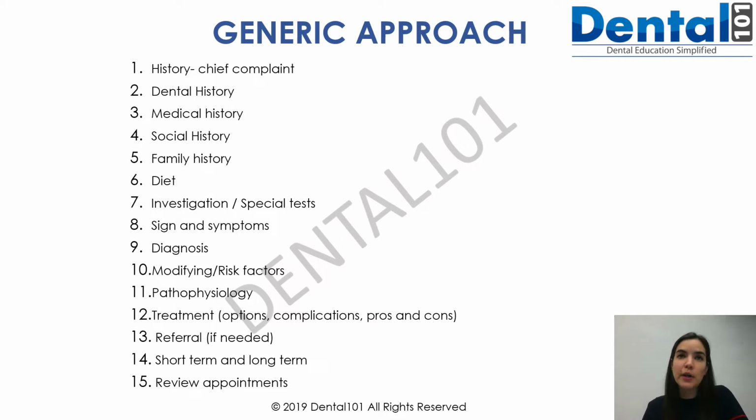But if we are talking about a trauma case, if a patient comes to you because of an accident and now one tooth is avulsed, family history is not going to make a difference in your case. So why would you spend time asking about family history if it's not something that you need to include in that particular case? So I hope that makes sense for you.